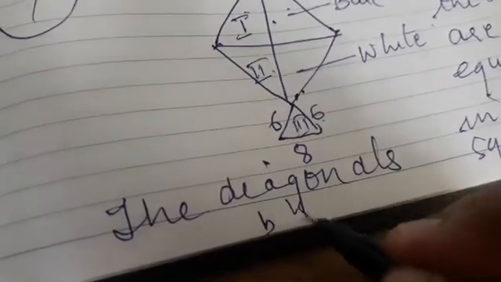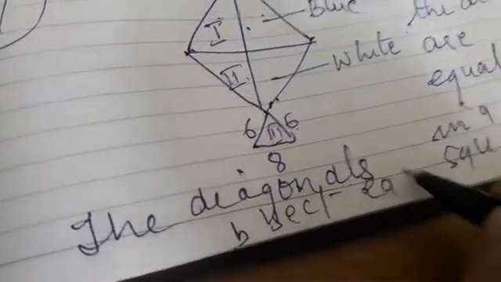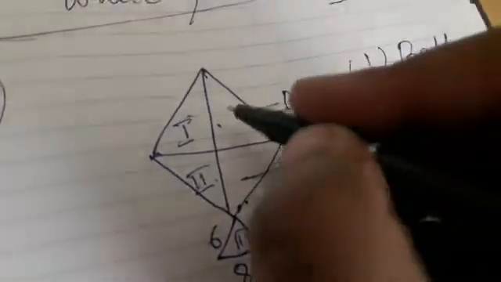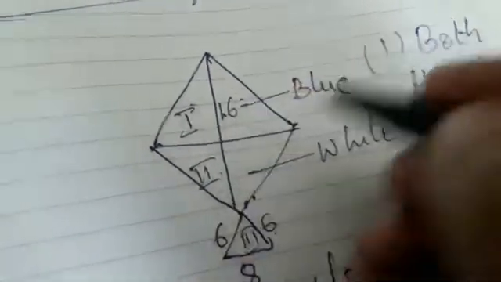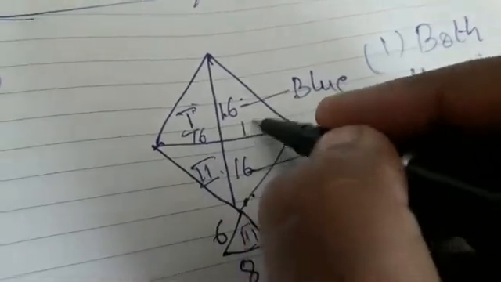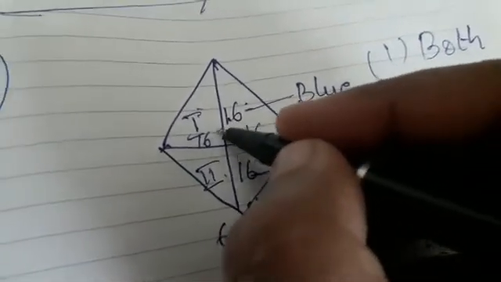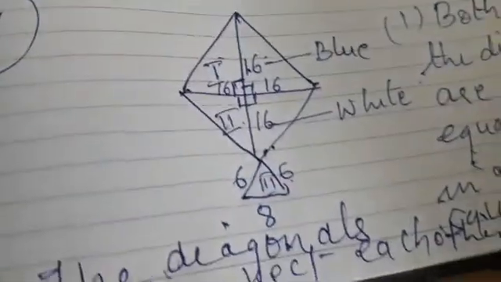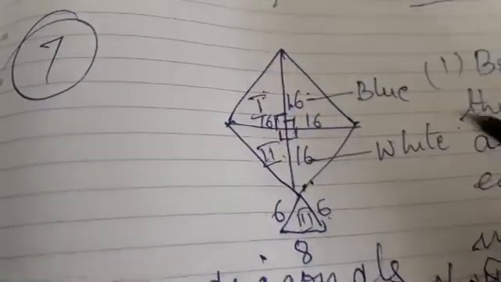So when the diagonals bisect each other, they are equal. Therefore, if this total length is 32, this will be 16, this will be 16. This length will also be 16 and this length will also be 16, and they are perpendicular to each other. So there are so many properties of the diagonals of a square.